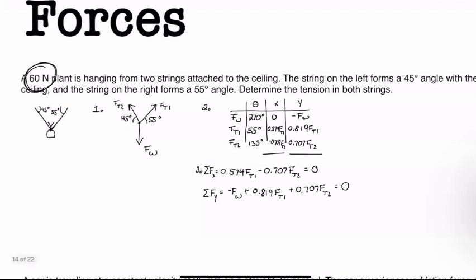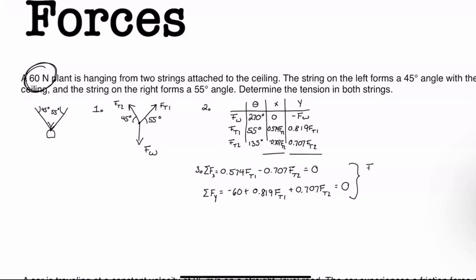So right over here, negative 60. And now I have two equations with two variables, therefore I can solve my system of equations by isolating for one of the variables and substituting in the other one.